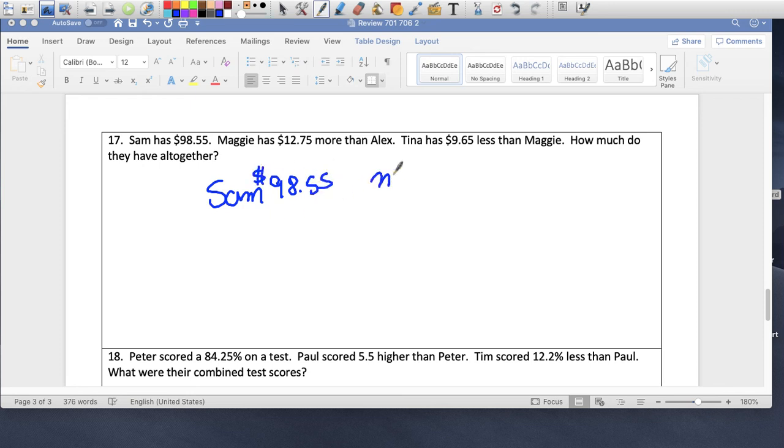And then Maggie has 12.75 more than Sam. So Maggie has 12.75 more than Sam. So Sam has this, so to find out what Maggie has, I'm going to add what Sam has, plus 12.75.